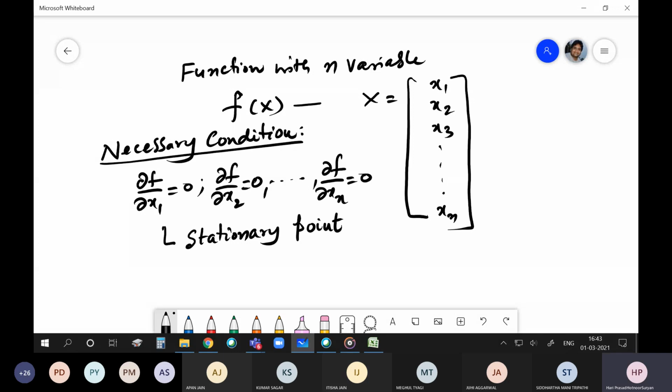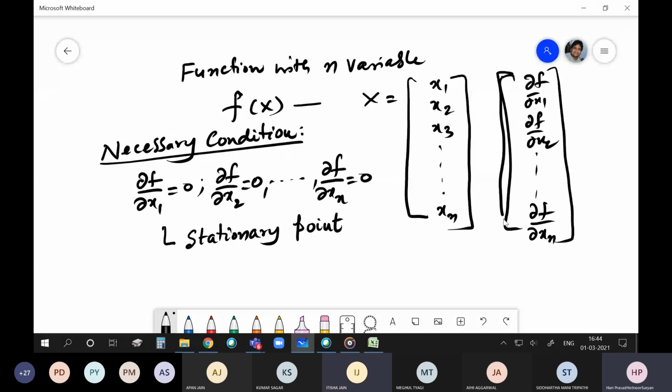N. So it's a vector: dou f by dou x1, dou f by dou x2, and so on. It doesn't have a single value. This should be equal to 0, that means each of them should be equal to 0.